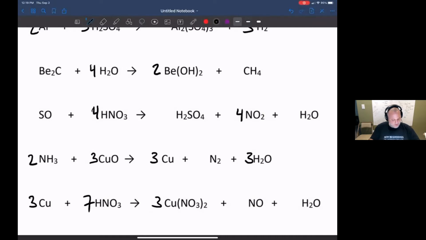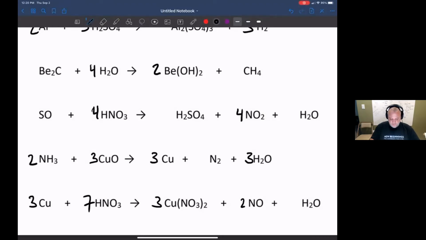And let's work on the oxygens. Looks like I've got 7, that's 21. 21 here. I've got 3. Oh, what's going on here? 6 times 3 is 18, 19, 20. Oh, well, maybe I could get 21 if I put a 2 here.